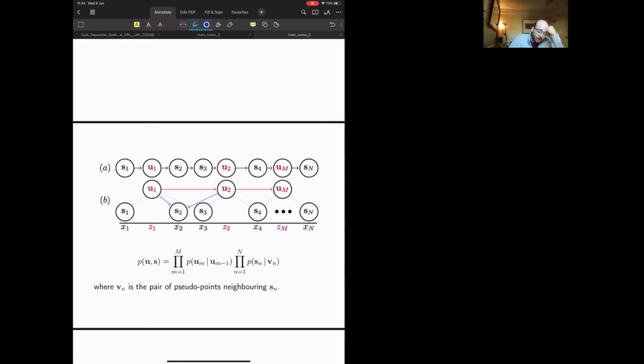We've got this Markov property in the u's, and the conditional distribution over the nth latent state just depends on its immediate neighbors. By Vn here, I mean the u's associated with Sn. So for S3, it's just U1 and U2.